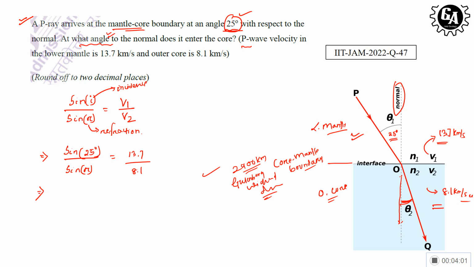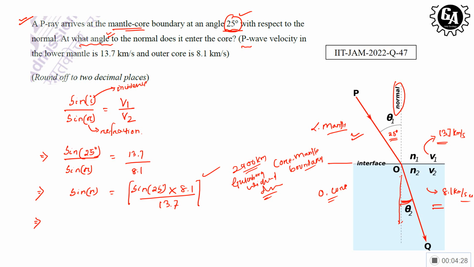So here we can say that sine R is equal to sine 25 degrees into 8.1 divided by 13.7, isn't it? And you just calculate the value.